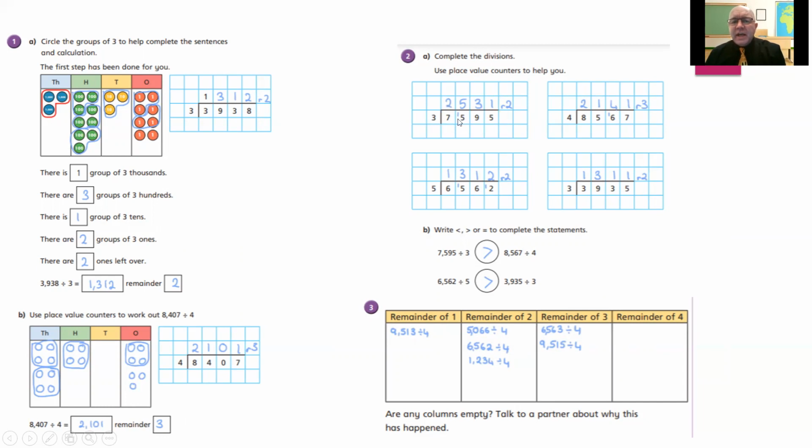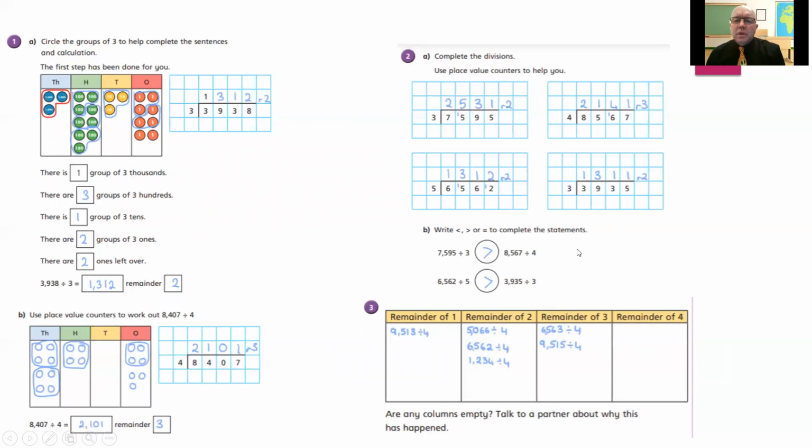I need to see that in your working, so I know you've understood. 8,567 divided by 4 is 2,141, remainder 3. 6,562 divided by 5 is 1,312, remainder 2. And 3,935 divided by 3 is 1,311, remainder 2. Well done if you've got those correct.